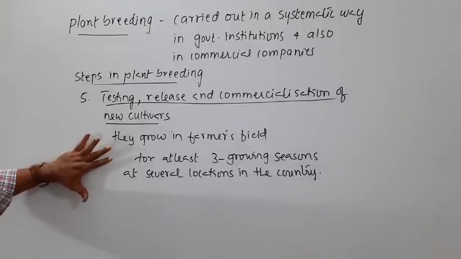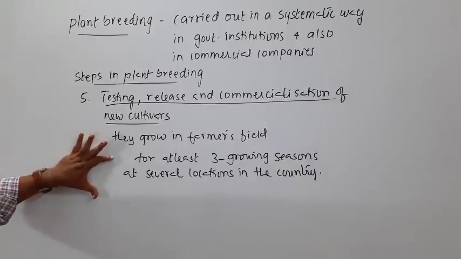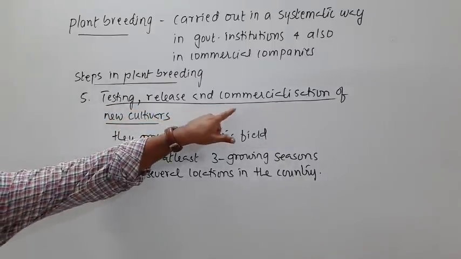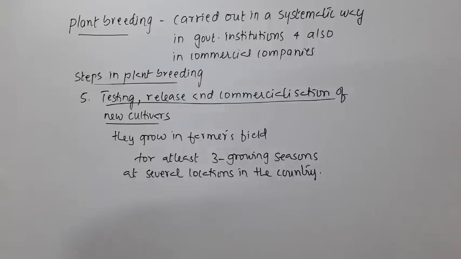Once they succeed, they are going to release for commercialization. They produce the hybrid seeds that have superior characters, pack them, and sell them in the markets to the farmers. The farmers will go and purchase such and such a variety of cotton, or groundnut, or there are so many plants, including tomato, for which hybrid varieties are available.